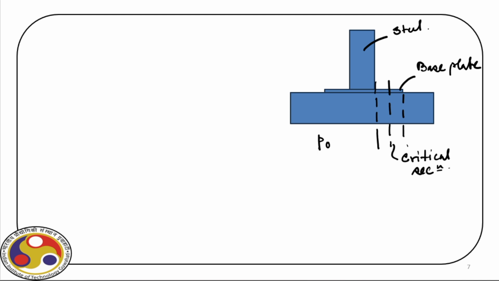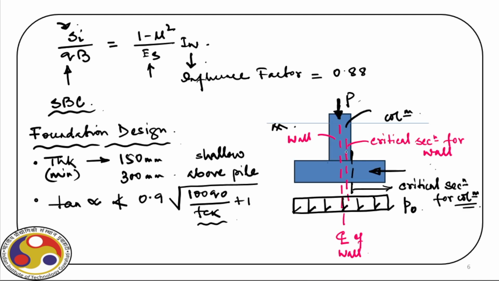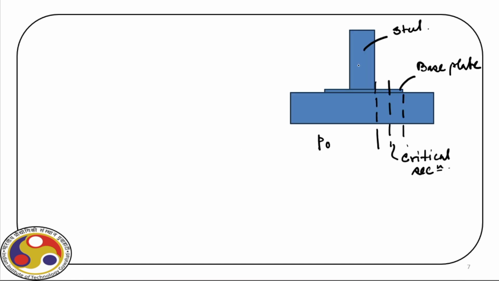So you can see how the critical section varies for an RCC column foundation arrangement, then for a wall and a pad below it, and then finally a steel column supported by this base plate over a foundation. Nevertheless, all three will go for the bending moment at the critical section and design this as a beam.